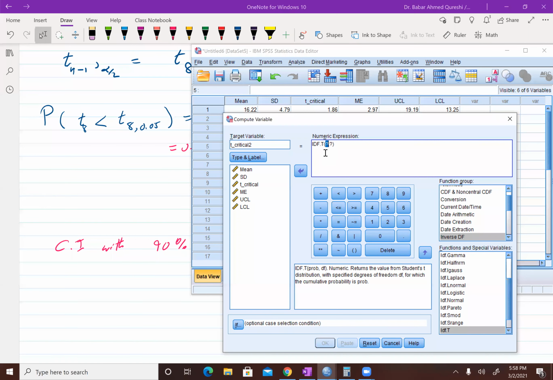So beta is 0.9, alpha is 0.1, alpha by 2 is 0.05. So in the cumulative distribution, I have to put in 1 minus alpha over 2. So I put in 0.95, and the degrees of freedom are 8, 1 less than the sample size.